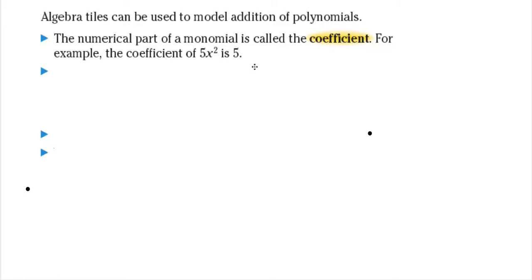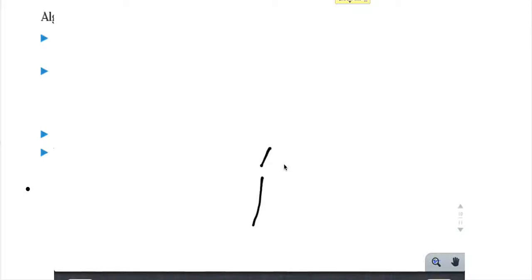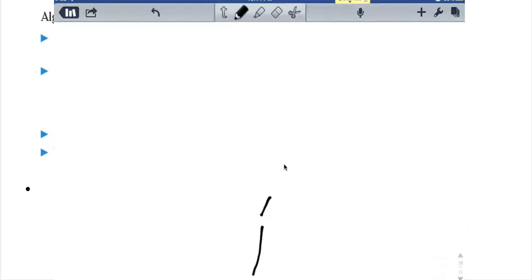Another good example: let's say I have the monomial 7y squared.